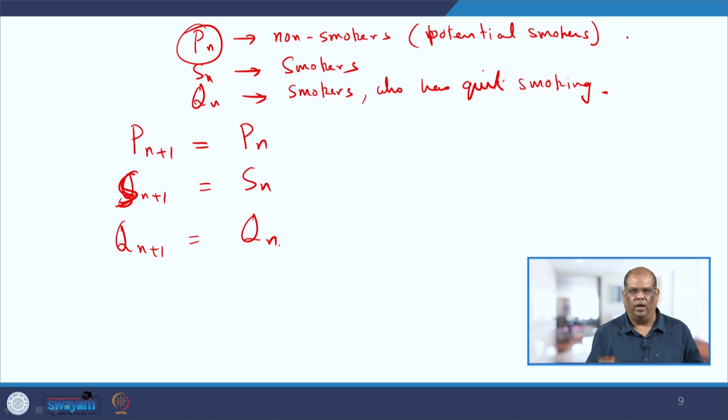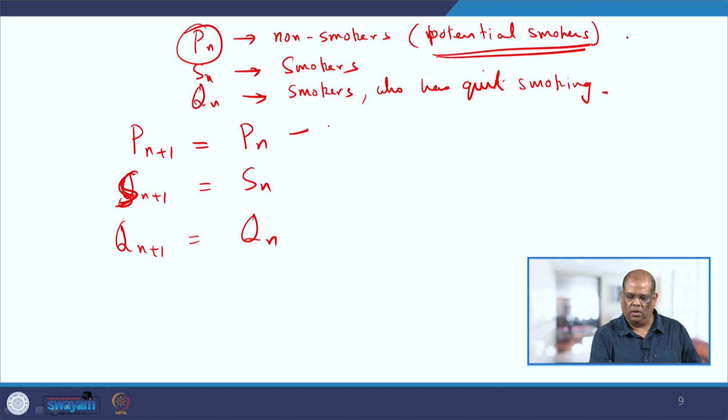So we first write this one, and then there will be an interaction between the non-smokers and the smokers, but these non-smokers are potential smokers and somehow they get attracted to the smoking, say passive smoking, where they can actually inhale the smoke and they get attracted to it and start smoking.